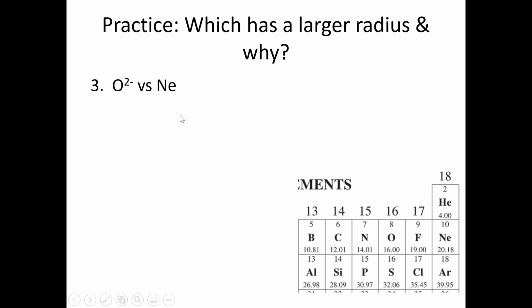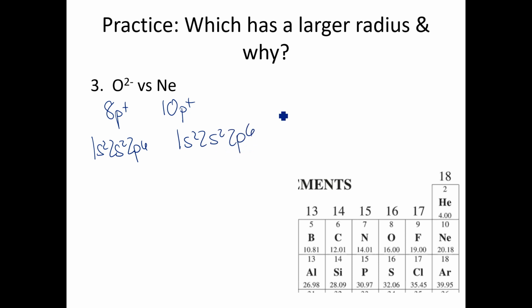And let's look at one more here. If you're comparing the oxide ion versus neon, oxygen has 8 protons, neon has 10 protons. In this case, they're both isoelectronic with each other. So it's 1s2, 2s2, 2p6, and they're both the same. They've got the same shell, the same core electrons, all that good stuff is the same.